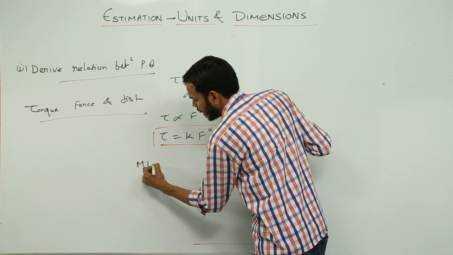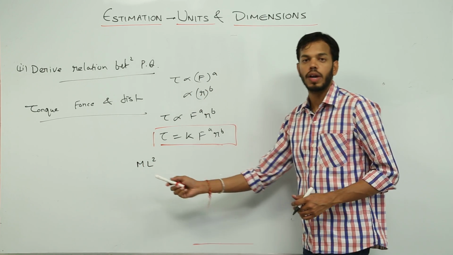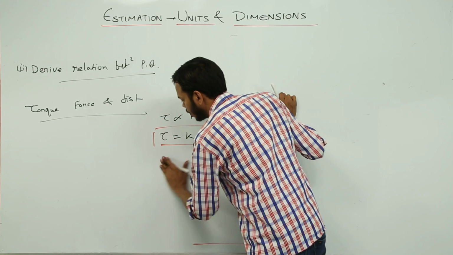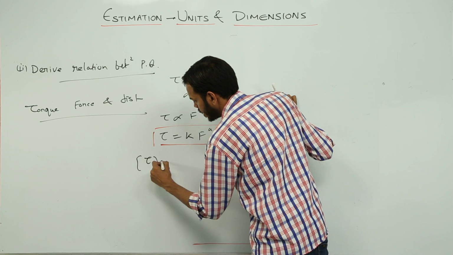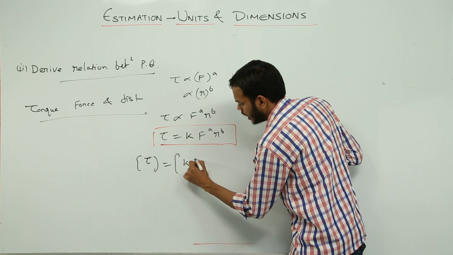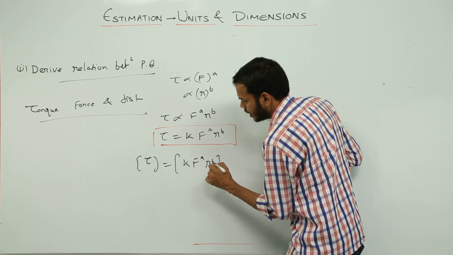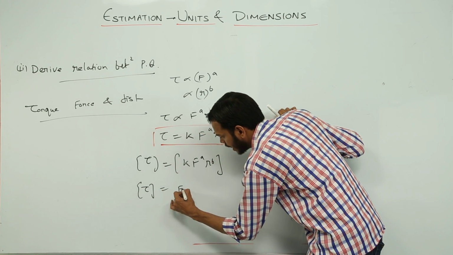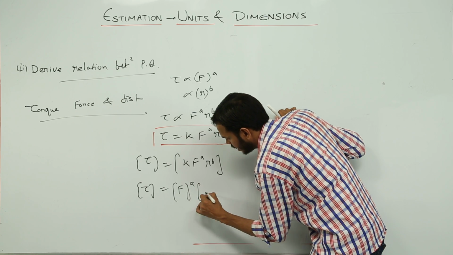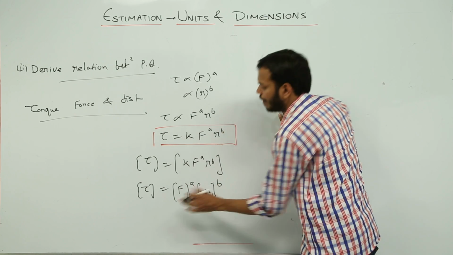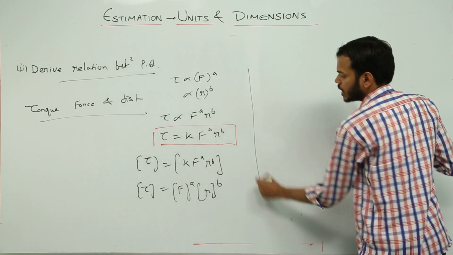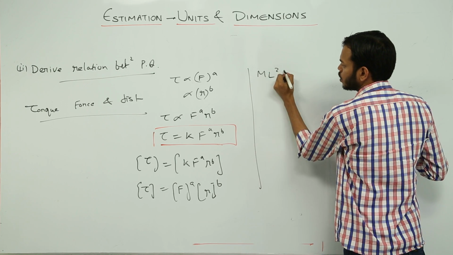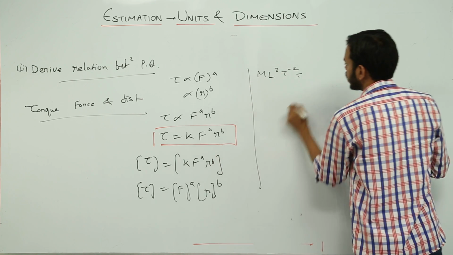Here torque is M L square T minus 2. Now you are going to write it in terms of the dimensional formula: torque is equal to k F^A R^B, and then this is equal to this times this. After that you do the final step. What is torque? M L square T minus 2 is equal to what is force?